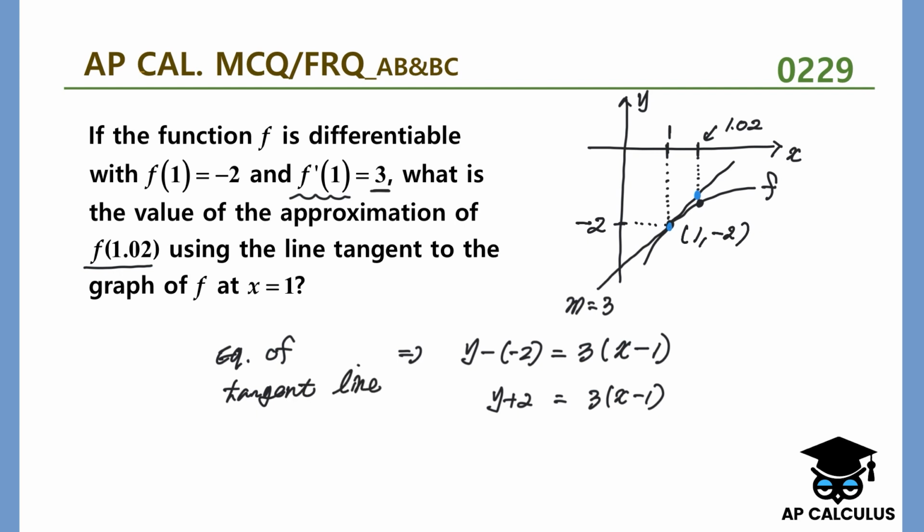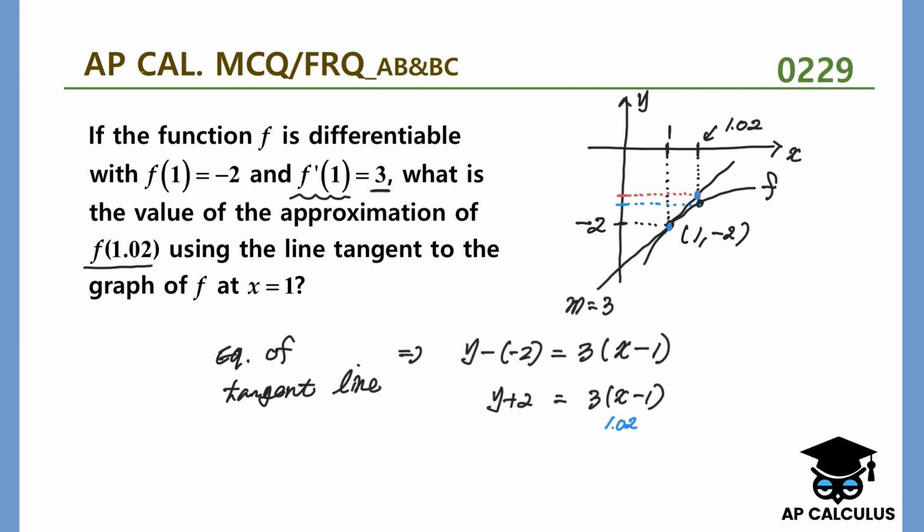Right? Okay. So when x is 1.02, what is the value of y? This is the exact value, and we're trying to find this y value using this tangent line, right?